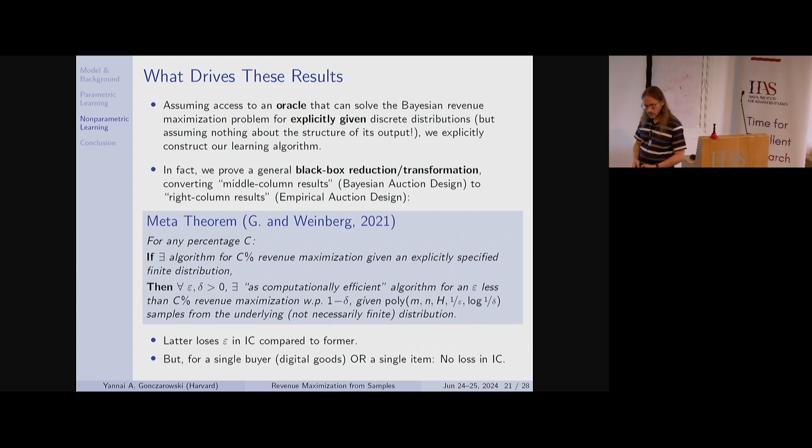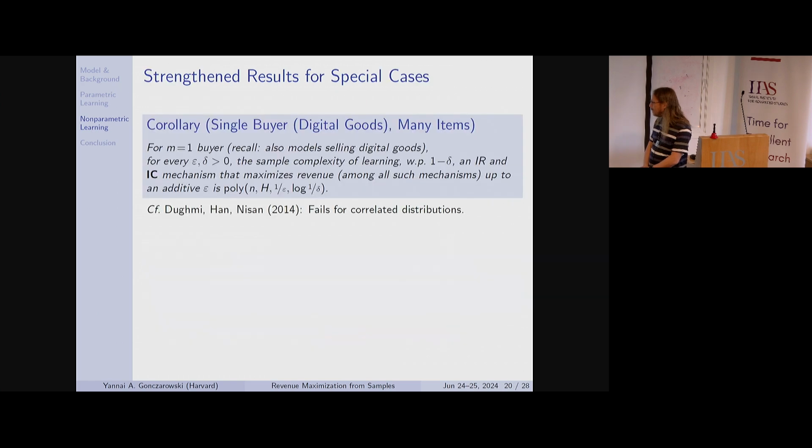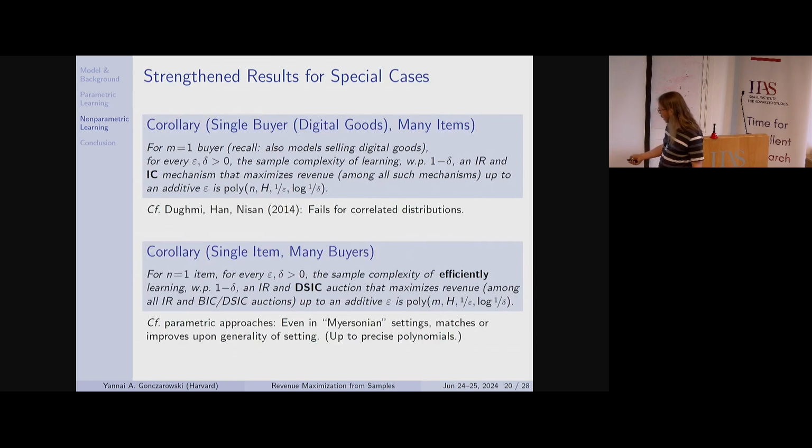I agree, it's very strong, like having a black box reduction. What I had in mind is the question of whether you could take advantage of the structural properties of the original mechanism in order to improve your method. I have not checked, but I said here up to precise polynomials.